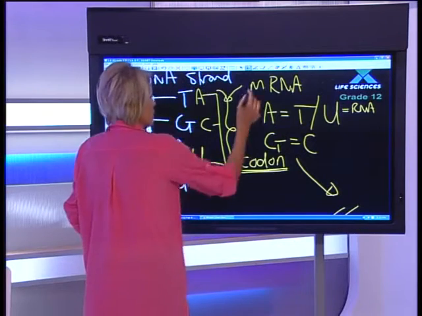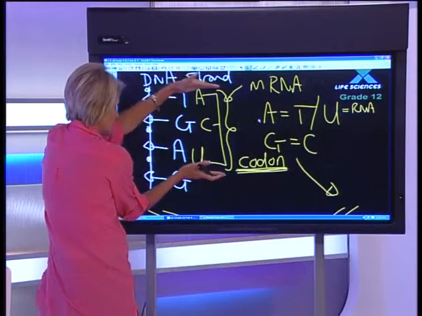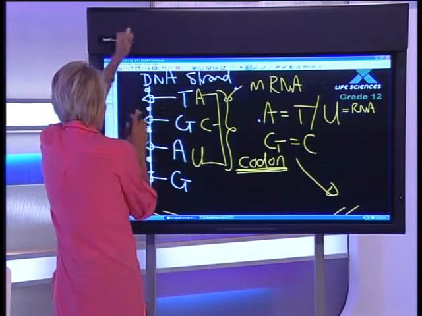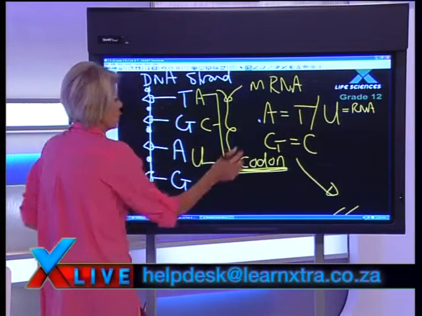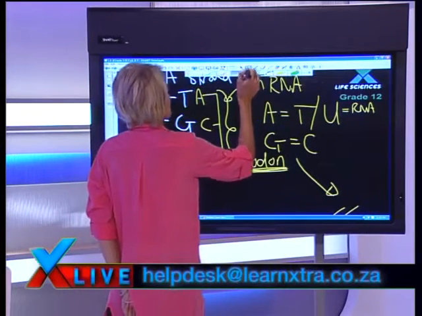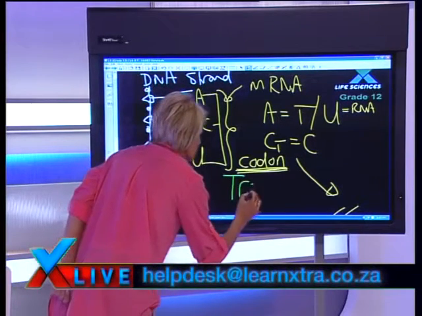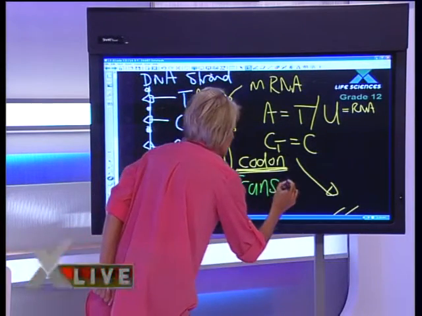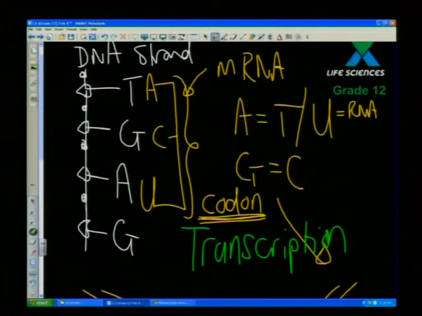So your messenger RNA codes on the little piece of 3, the information that you're going to find on the DNA. This process is called transcription. And you must know what transcription is.